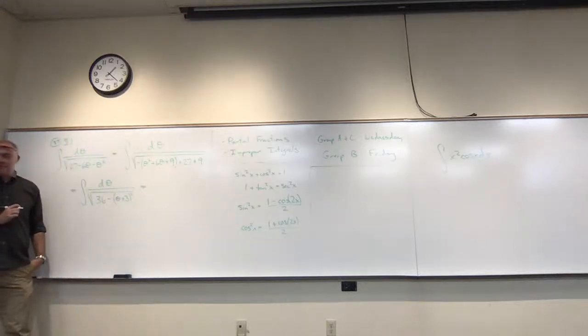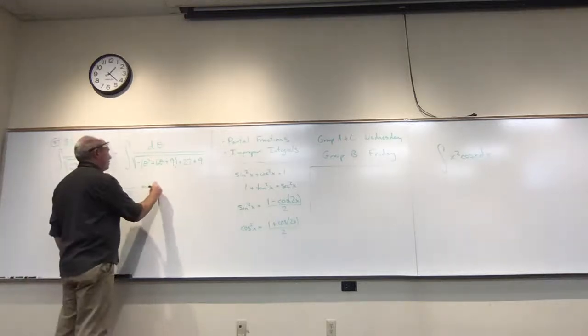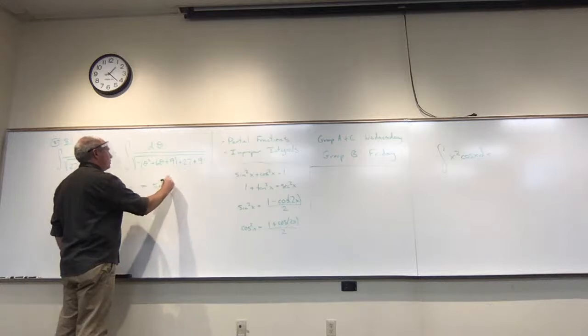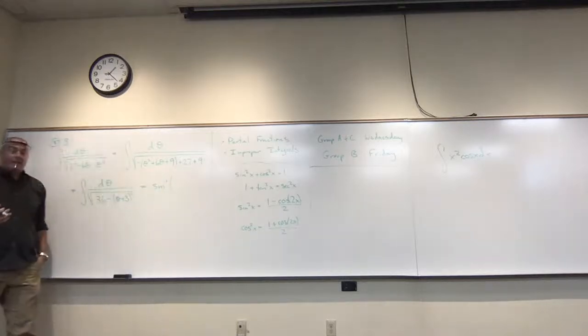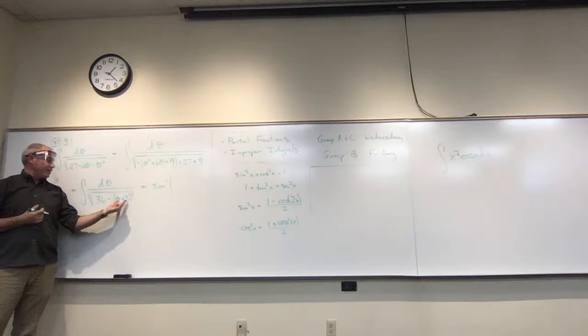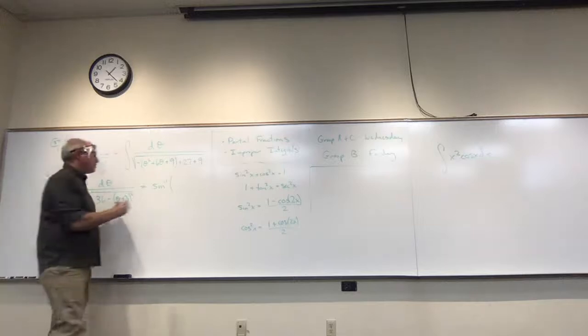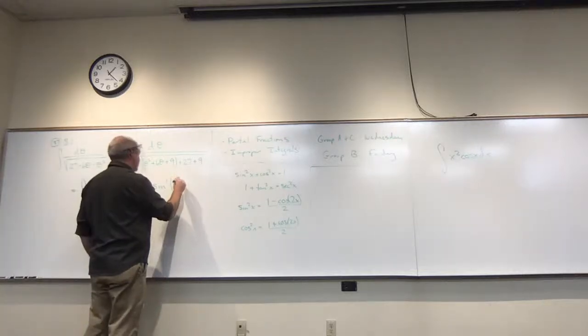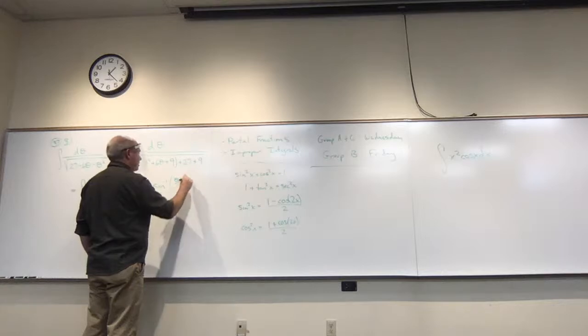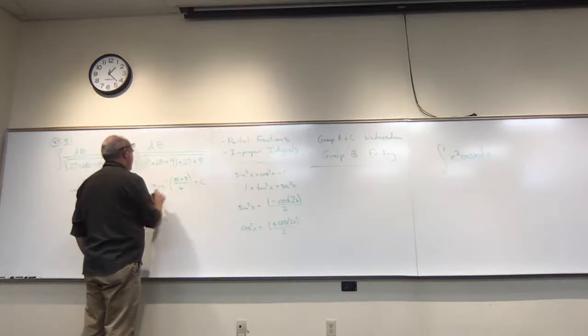Sine inverse of u over a. In this case, my u is theta plus 3. In this case, my a is what? 6. So this is sine inverse of theta plus 3 over 6 plus c.